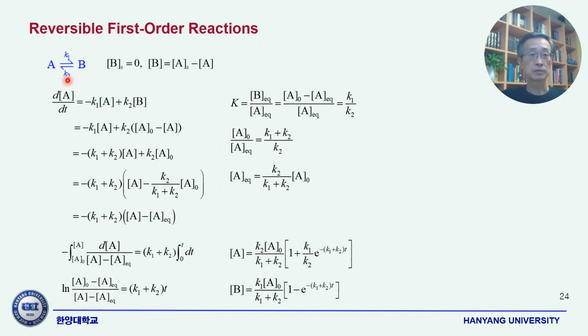And then we can write the rate law in such a way that dA/dt, the consumption of reactant, is minus k1 A, because this is consumption, and production k2 B. So this is the rate equation. To solve it, we know this from here, and then we just put A naught minus A for B, and then we gather the variables together.